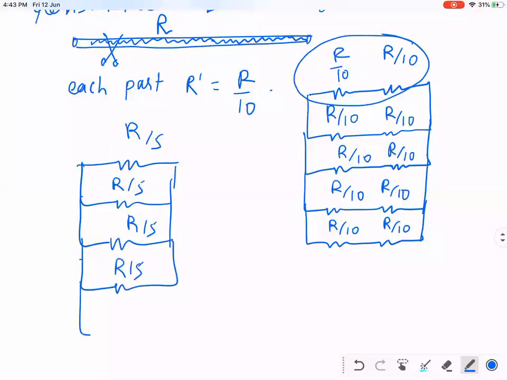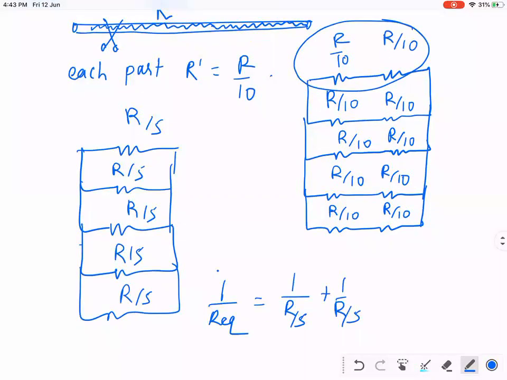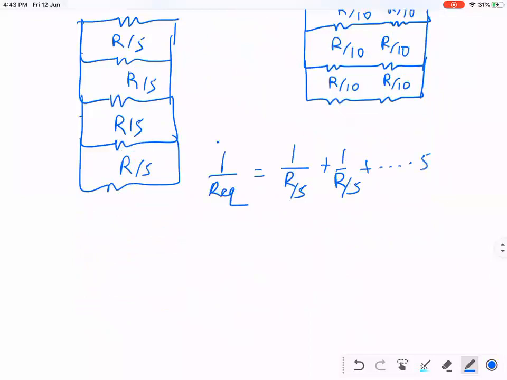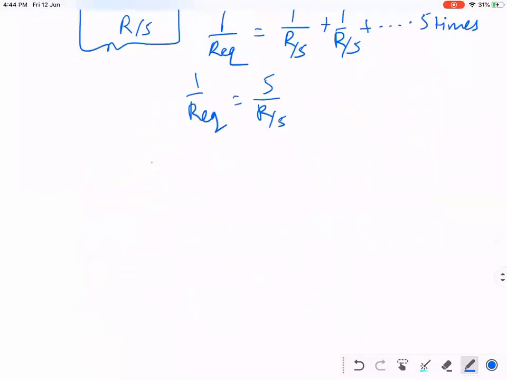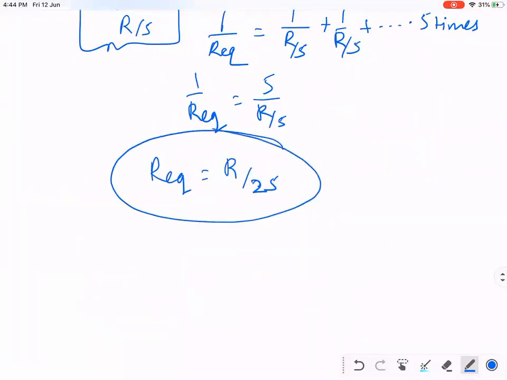So 1 upon R equivalent will be equal to 1 upon R by 5 plus 1 upon R by 5, 5 times. So you will get 1 upon R equivalent is equal to 5 upon R by 5, which is 25 upon R. So your final answer is R equivalent is R by 25. Okay. This is your final answer.